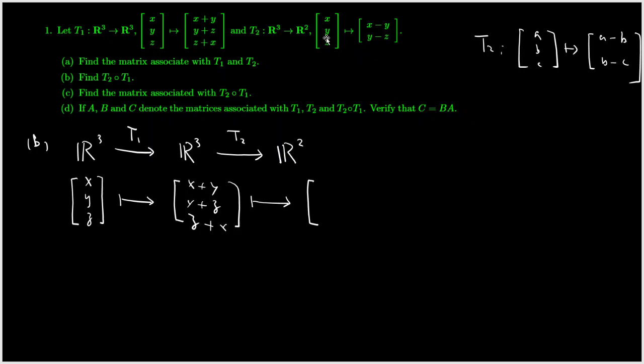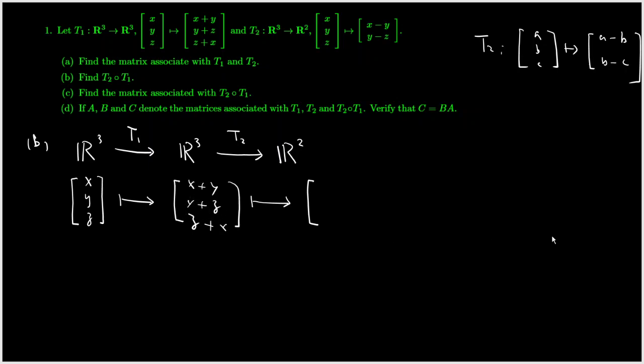Under T2, the output in the first component is the first component in the input minus the second component in the input. So basically, you compute the first component in that vector minus the second component of that vector.